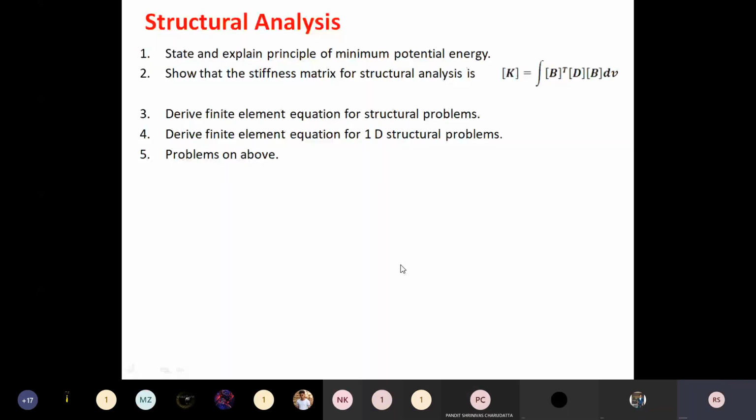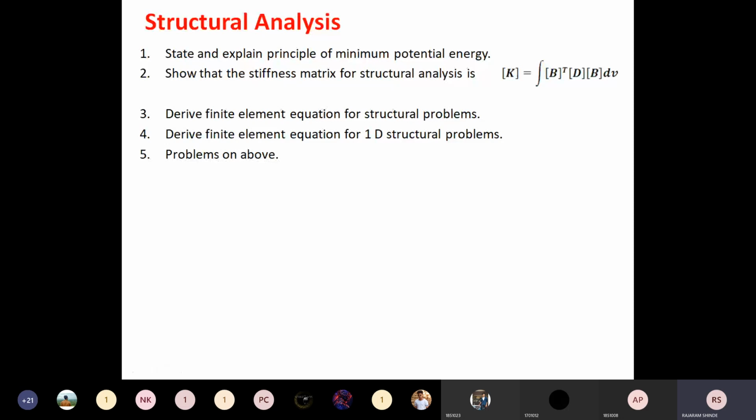Now, today I will start the third unit, structural analysis. It is an important thing, and without attending this, you will not get an idea of this structural analysis.